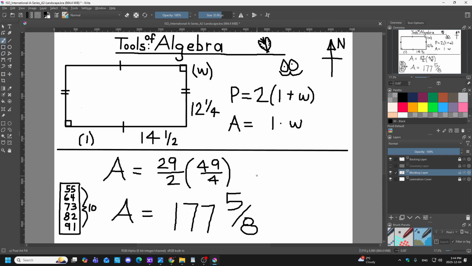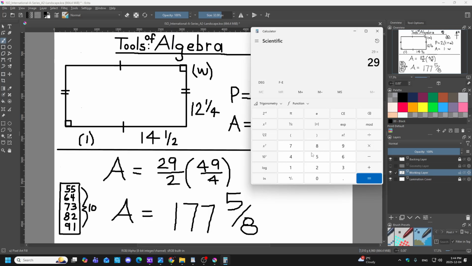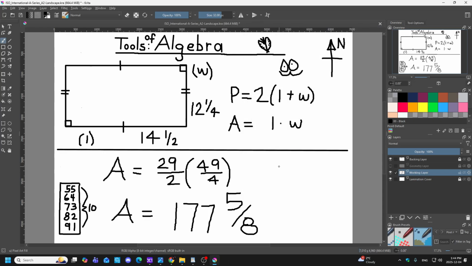Okay, let's do the long work then, just to double check. 29 times 49. Okay, I get 1421. 1421. And our denominator is 8. Okay, which is correct. That's correct. Okay, so we got to get close to 1421 without going over.